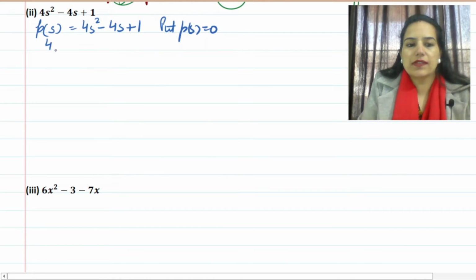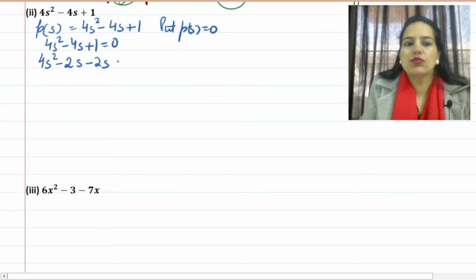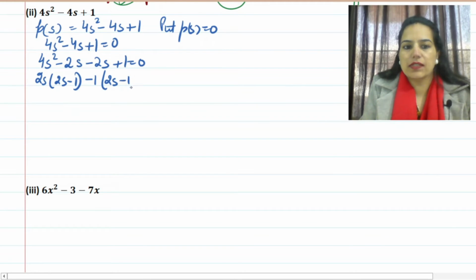So 4s square minus 4s plus 1 is put equal to 0, and if I do middle term splitting, this is like a perfect identity also, so it is 4s square minus 2s minus 2s plus 1 equal to 0, 2s common, 2s minus 1, minus 1 common, 2s minus 1 equal to 0, and 2s minus 1, 2s minus 1 equal to 0.